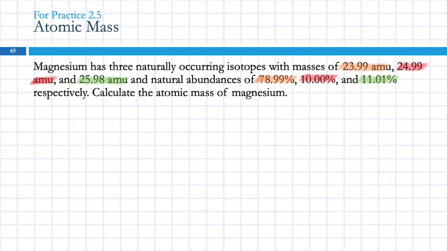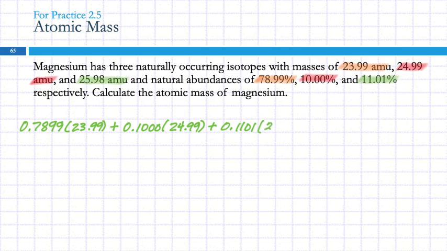So 78.99% would be 0.7899 times the mass of that one, plus 0.100, 10%, times the mass of the next one, plus 0.1101 times 25.98.